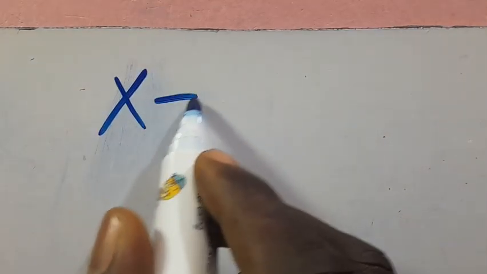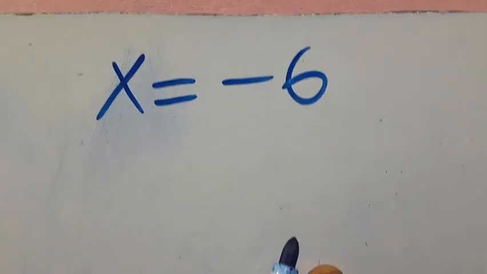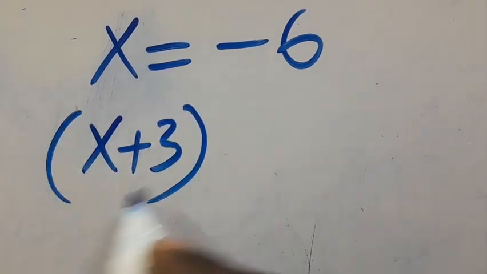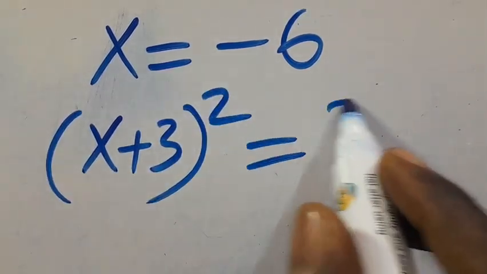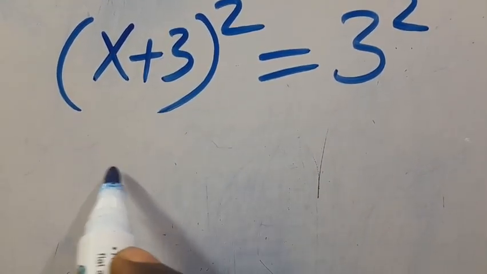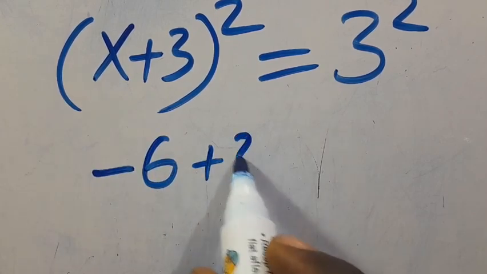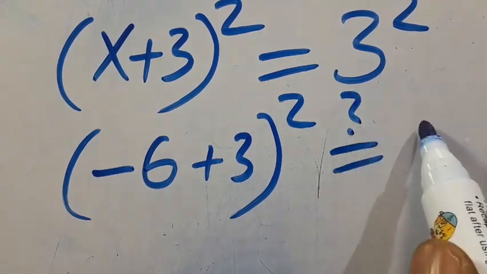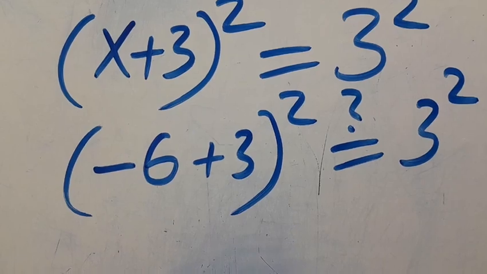So let us check for the second one. When x equals minus 6, we have (x + 3)^2 equals 3 to the power of 2. From here will be (-6 + 3)^2, then it's going to give us 3 to the power of 2.